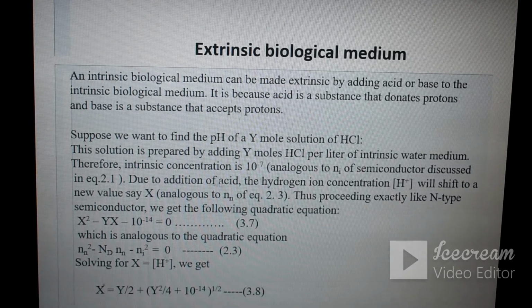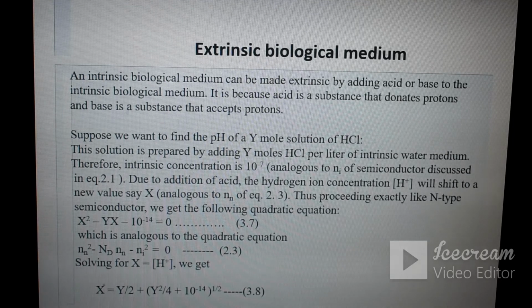Therefore, intrinsic concentration is 10 to the power minus 7, which is analogous to Ni of the semiconductor discussed in equation 2.1. That is, we have discussed it in the previous class. Due to addition of acid, the hydrogen ion concentration, that is [H+], will now shift to a new value, say X, which is also analogous to Nn of equation 2.3.